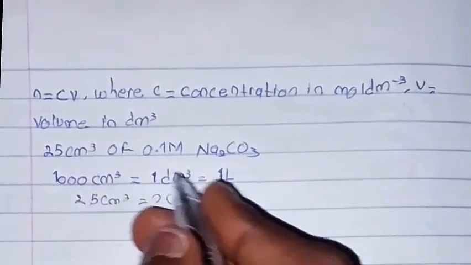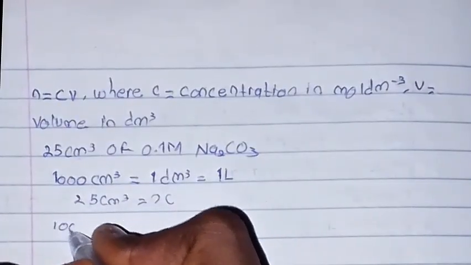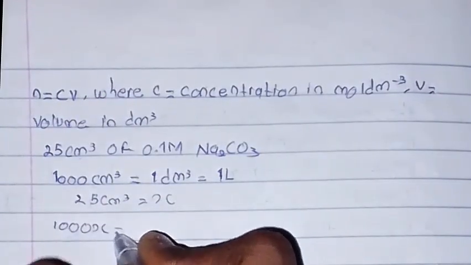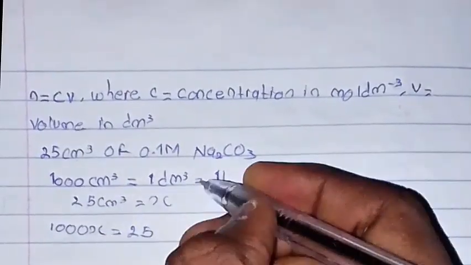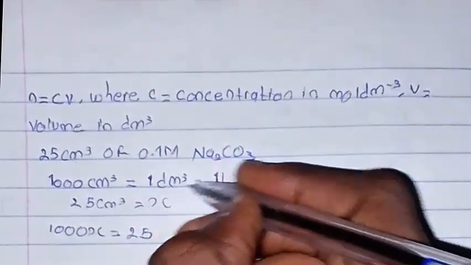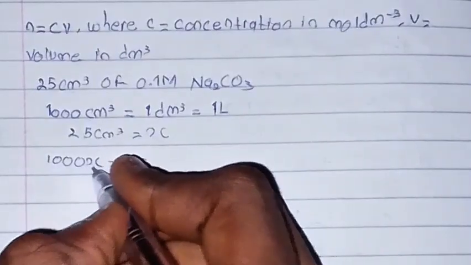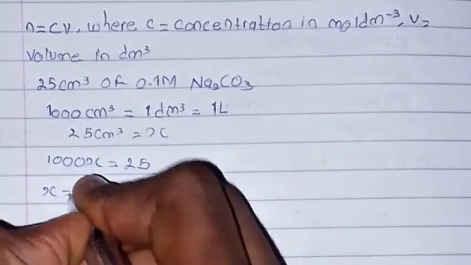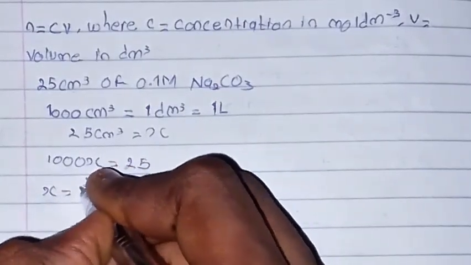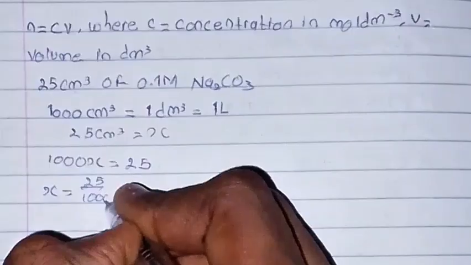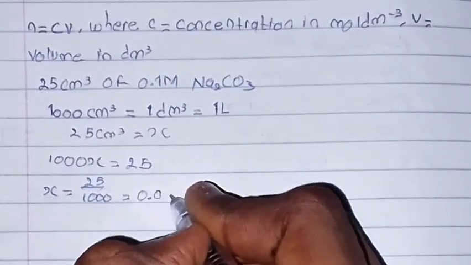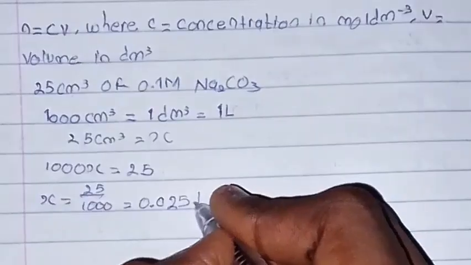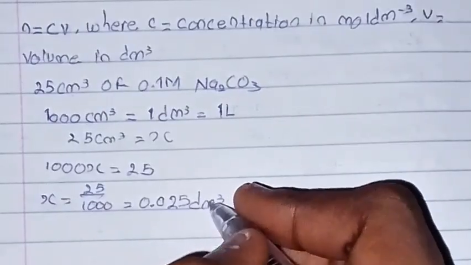So 25 cm³ will be equal to x. We cross multiply: 1000 times x equals 25. Dividing both sides by 1000, x is 25 over 1000, which is 0.025 dm³.